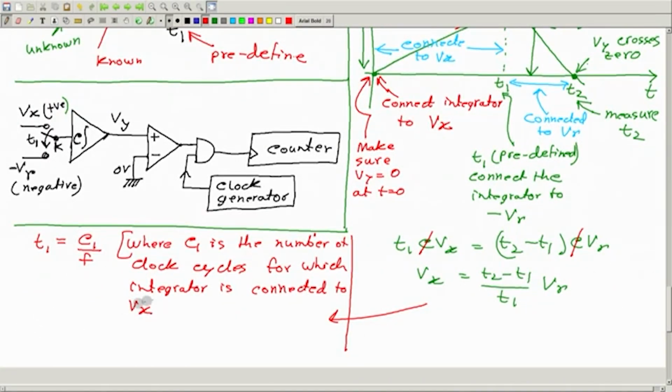So, for how many clock cycles this switch is connected to Vx, that is C1.